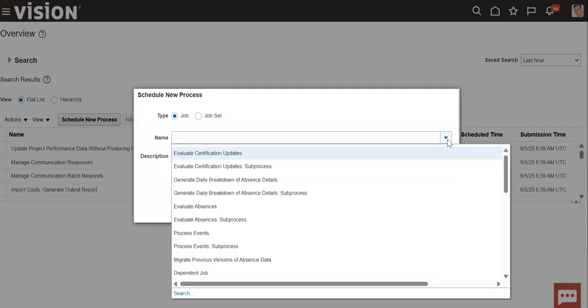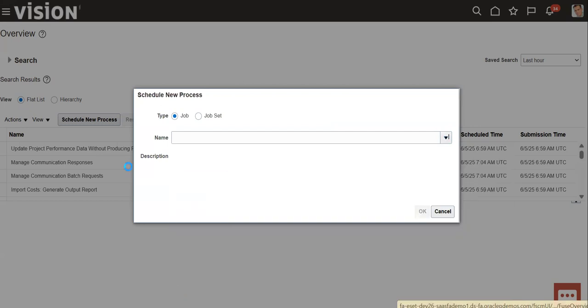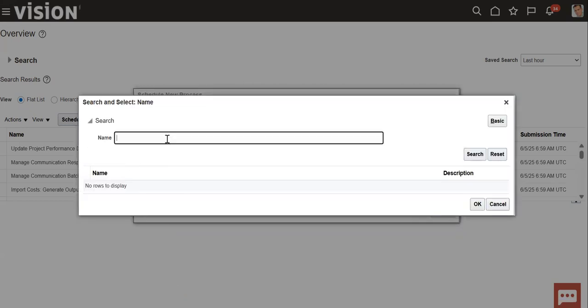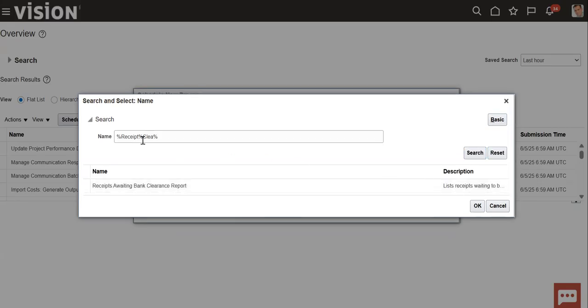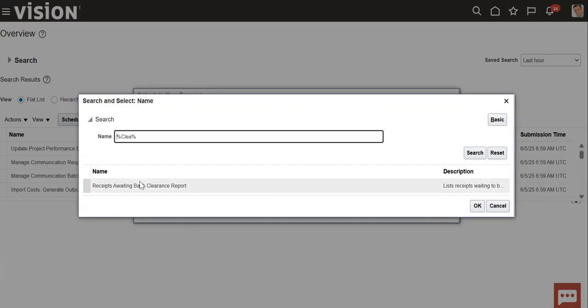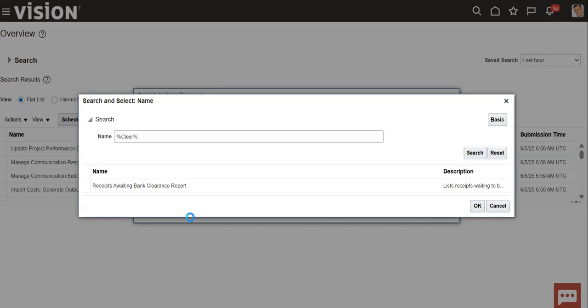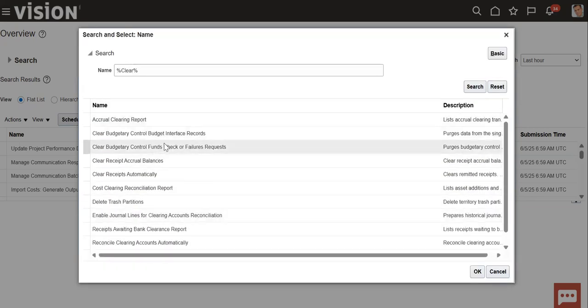So assume that everything goes fine and the customer check did not bounce. In that case, what is going to happen? There's a program called, I think, receipt clearing. Yes, this one: Clear Receipts Automatically.